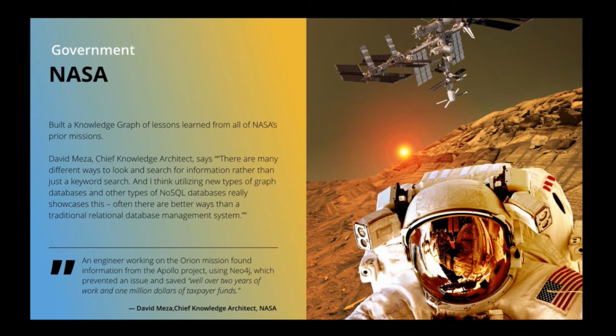And an engineer working on the Orion mission found information from the Apollo project using Neo4j, which prevented an issue and saved well over 2 years worth of work and $1 million of taxpayer funds.